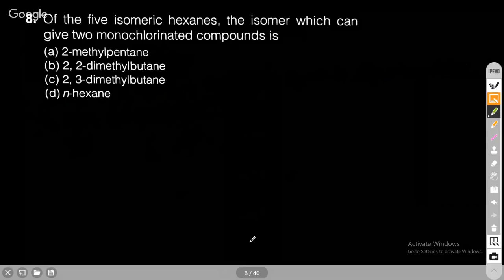Okay. Can you tell me in the first option, that is 2-methyl pentane, how many monochlorinated products we get?